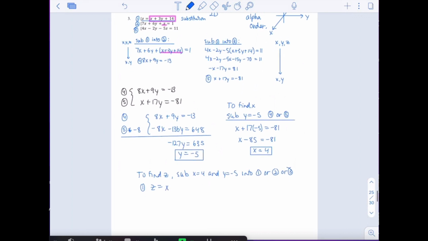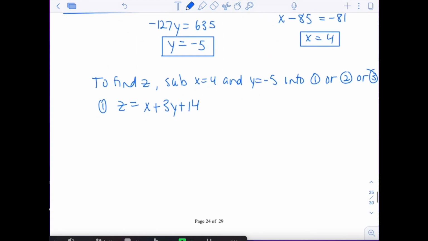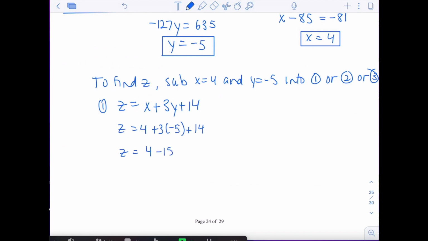So this is z equals x plus 3y plus 14. So z equals 4 plus 3 times negative 5 plus 14. That is 4 minus 15 plus 14.